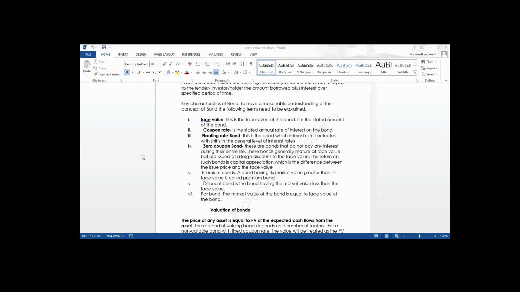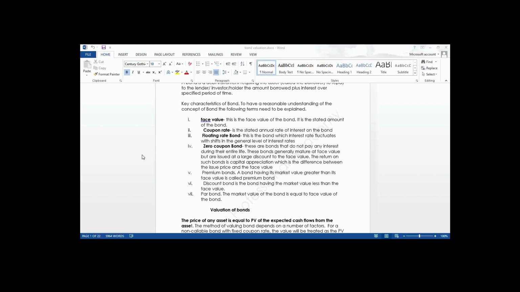That is how to value corporate bond. That is how to value redeemable bond.